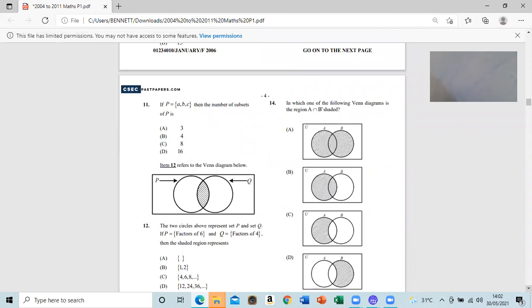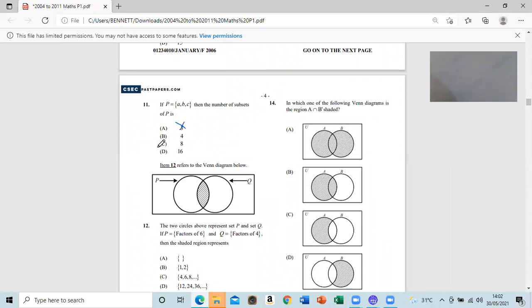All right, everybody should know this number 11. If P is equal to {A, B, C}, then the number of subsets of P is... B, C or B? Yes, sir. Sir, A. That couldn't be more wrong.